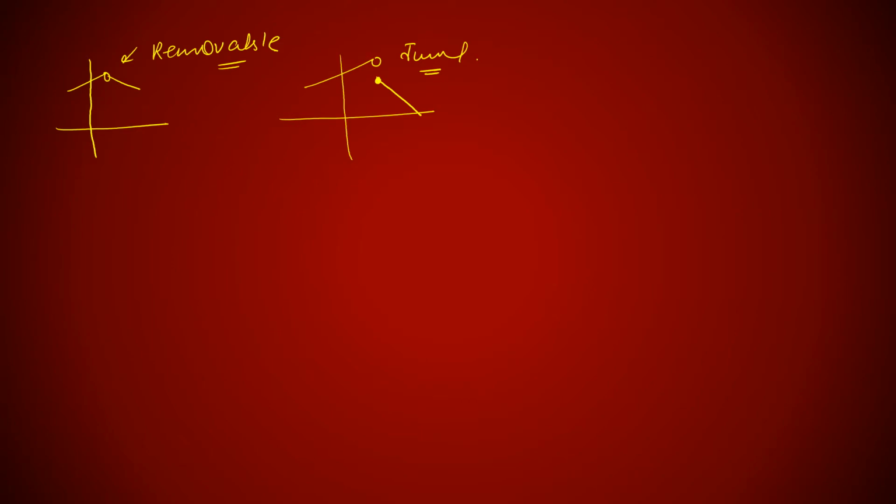You can see that in a jump discontinuity, at point A, the two lines are not meeting each other, which means that the limit from the left hand side is not equal to the limit from the right hand side. That's why the limit does not exist and hence the function is not continuous. The next kind of discontinuity is the discontinuity due to the vertical asymptote.